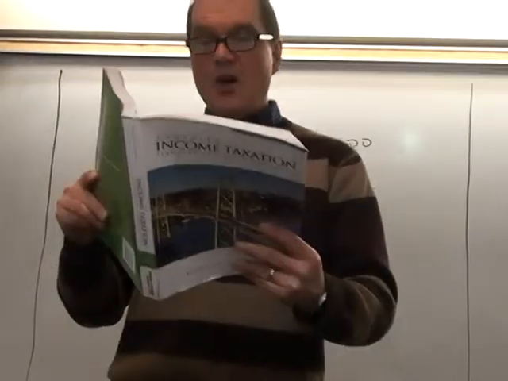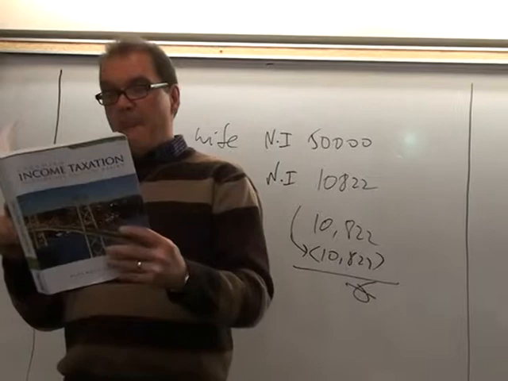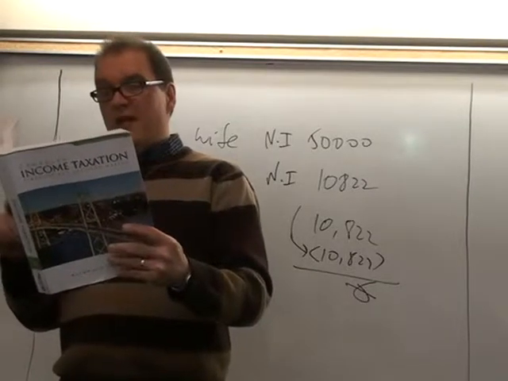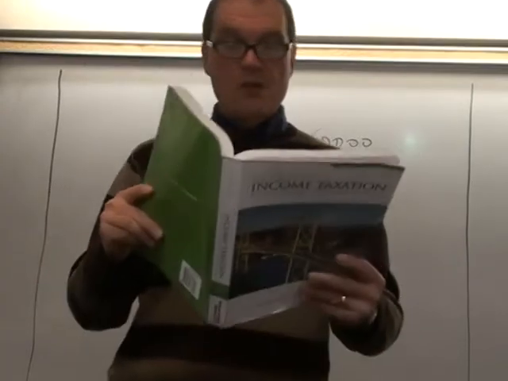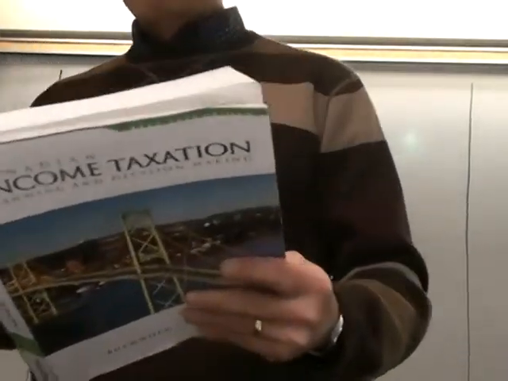That's all I need you to know. I don't need you to know things like any unused credit can be transferred to the other parent. Just know that 2,191 times 15% is 329.